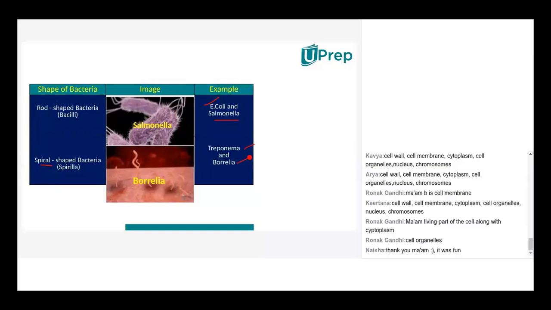See students, why I am giving the bacteria names is, you may get a question like: identify the prokaryotes from the given list. They may give a list like Treponema, Salmonella, Vibrio cholerae, something like that.